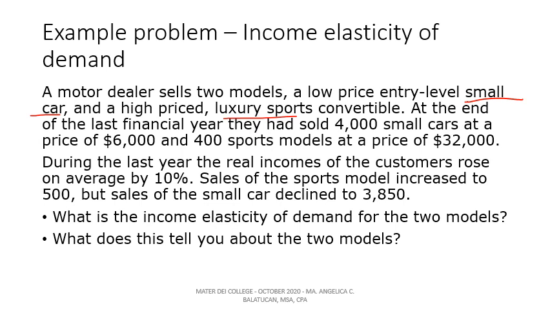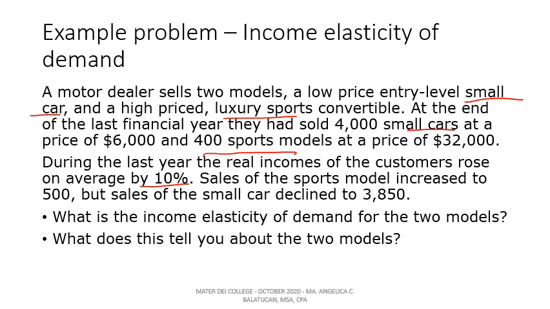At the end of the last financial year, they had sold 4,000 small cars at a price of $6,000 and 400 sports models at $32,000. During the last year, the real incomes of the customers rose on average by 10%.